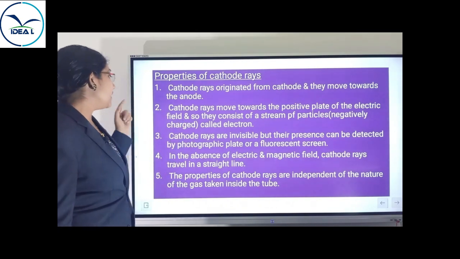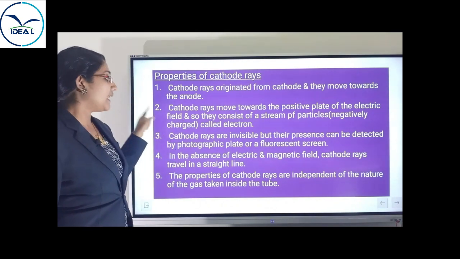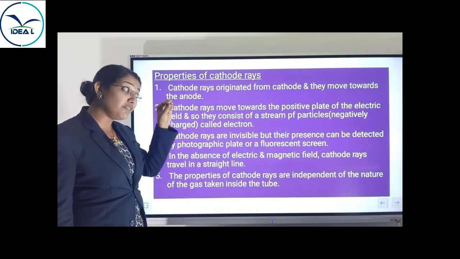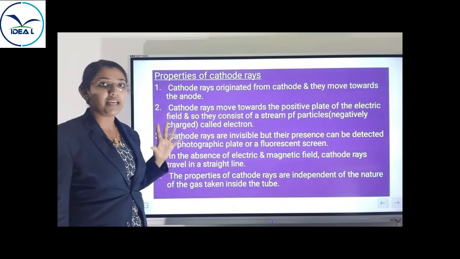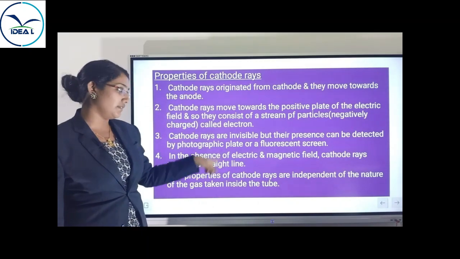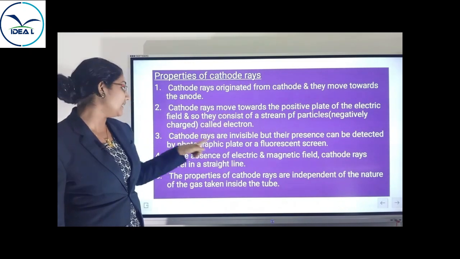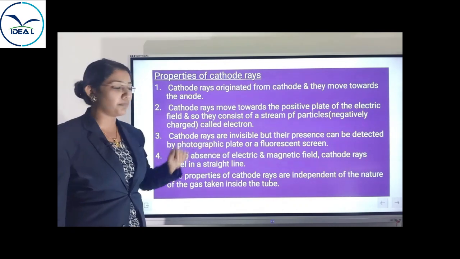Then the third property of cathode rays: cathode rays are invisible. We already learned in that experiment that invisible rays emerged from the cathode. So how can we detect the presence of that radiation? Their presence can be detected by using a photographic plate.